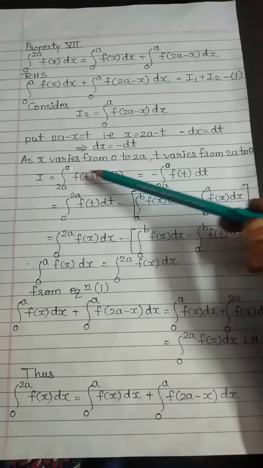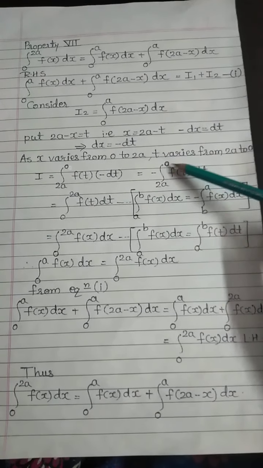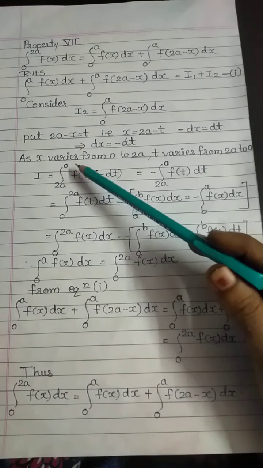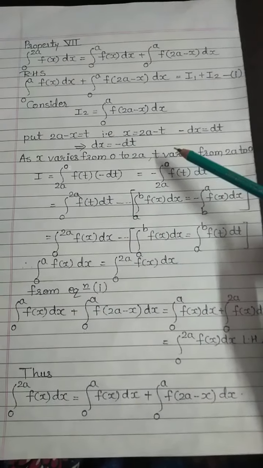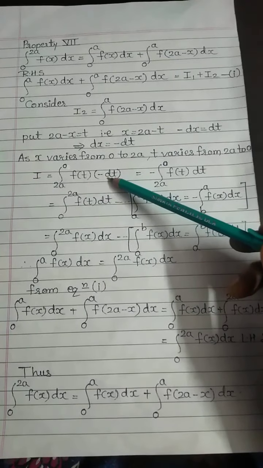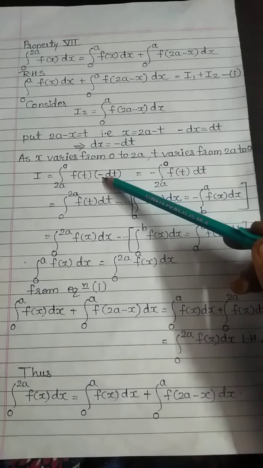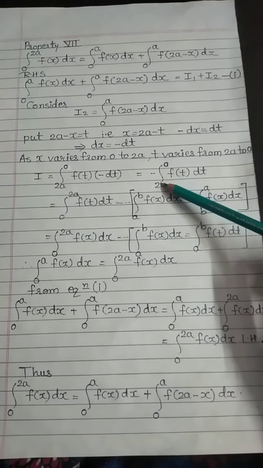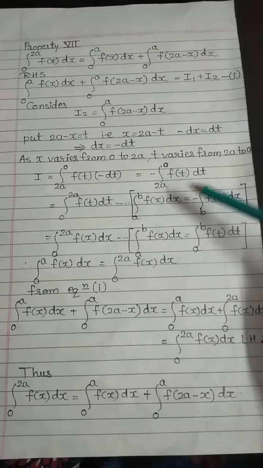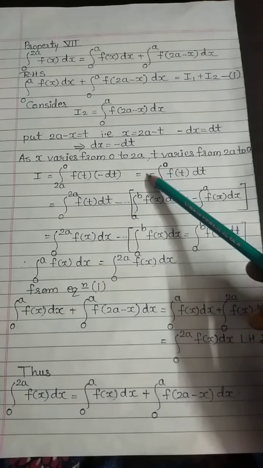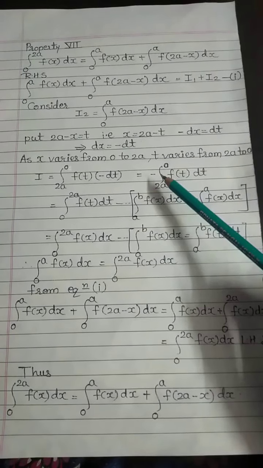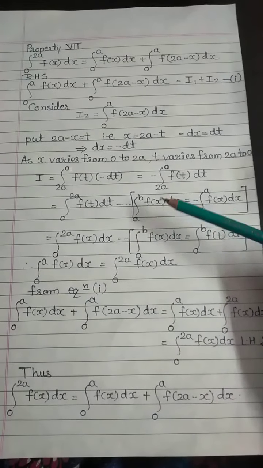Now as x varies from 0 to 2a, t will vary from 2a to 0. So we will try to write the integration in terms of variable t. So integration 2a to 0 f of t minus dt, and we know that we can write this minus sign before the integration. So we have minus integration 2a to 0 f of t dt. Now again, if we don't want this negative sign, then we apply the property of definite integration that we can interchange the limits.